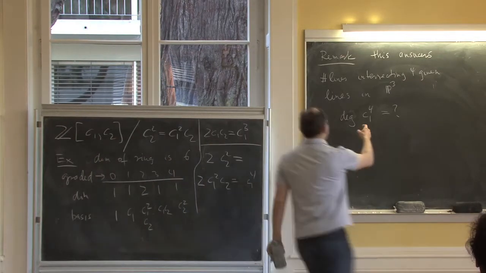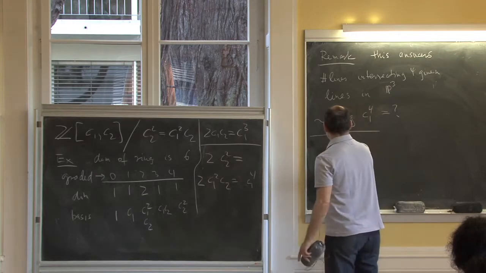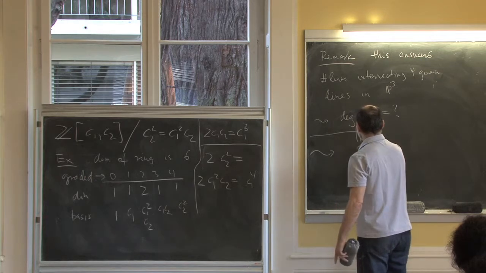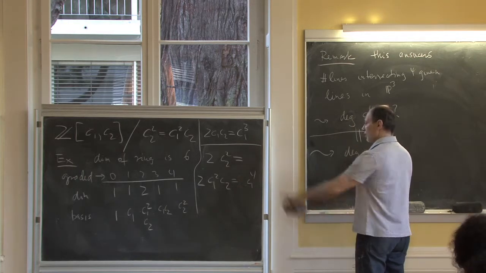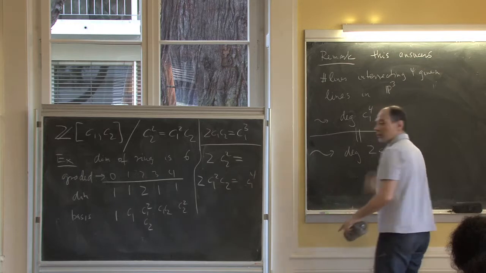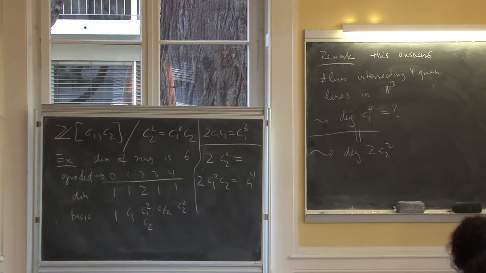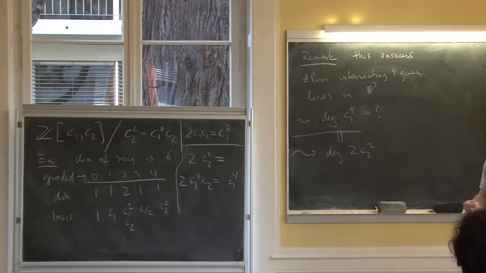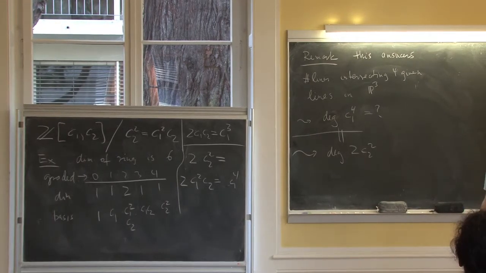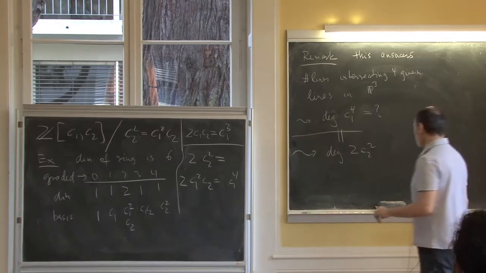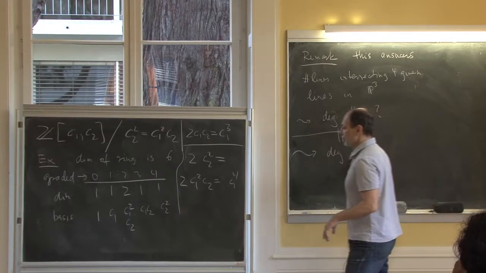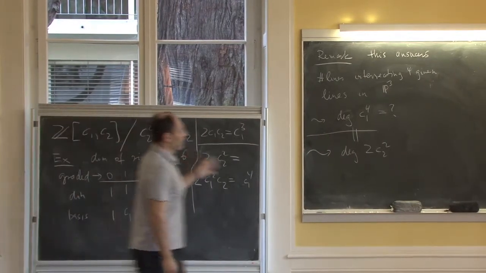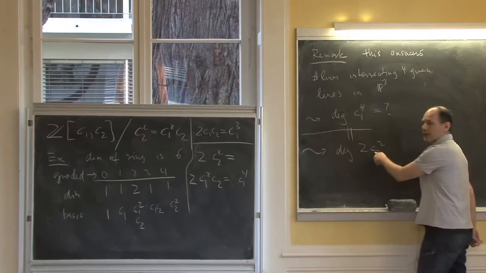So we see that the degree of C1 to the 4th is the same. This calculation shows that this degree is the same as the degree of 2 C2 squared. But if you remember, C2 squared was just the intersection of 2 planes. C2 was the space of 2 planes contained in a 3-dimensional space.